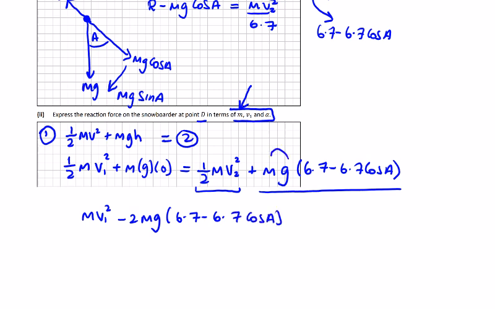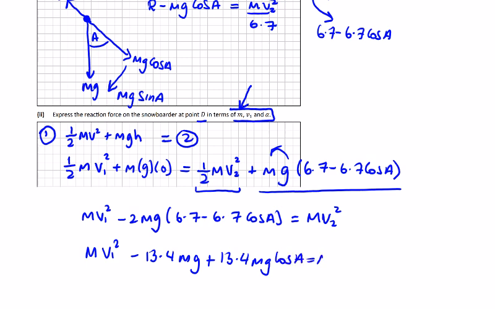Let's bring this guy across to the left. That will be equal to m v2 squared. May as well multiply this out. m v1 squared minus 13.4 mg plus 13.4 mg cos A is equal to m v2 squared.